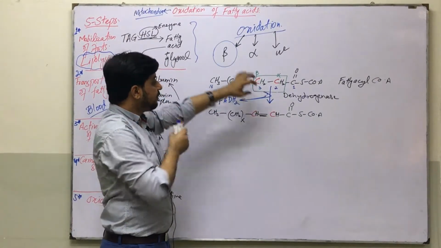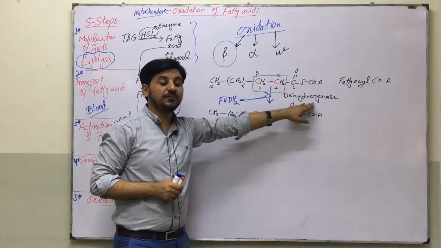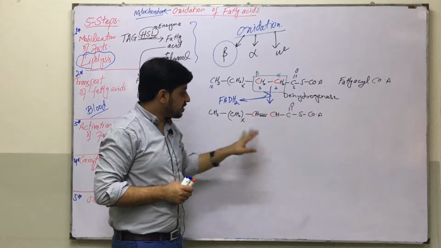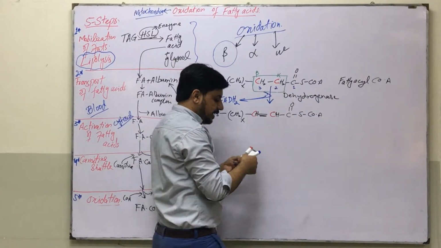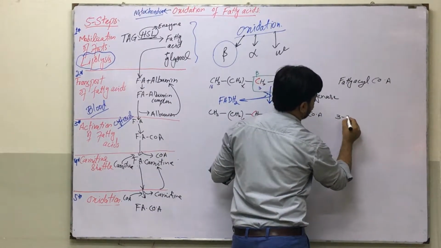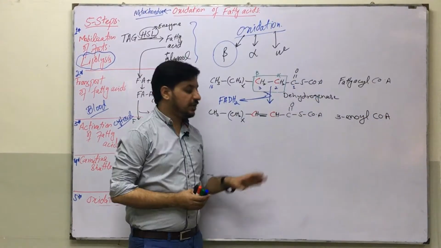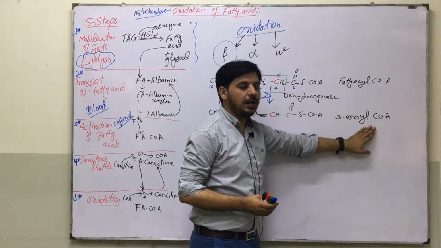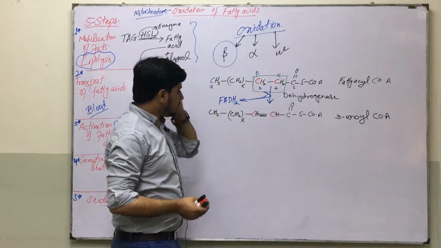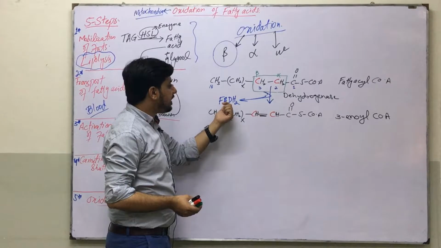Once again, listen to me: in the first step, fatty acyl CoA, with the help of the dehydrogenase enzyme, is converted into another compound, which is named 3-enoyl CoA. There will be the formation of 3-enoyl CoA, and also a molecule of FADH2.